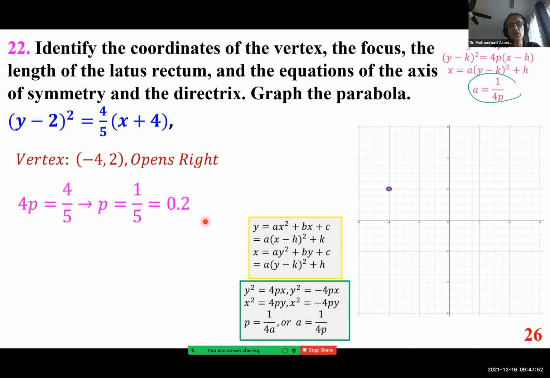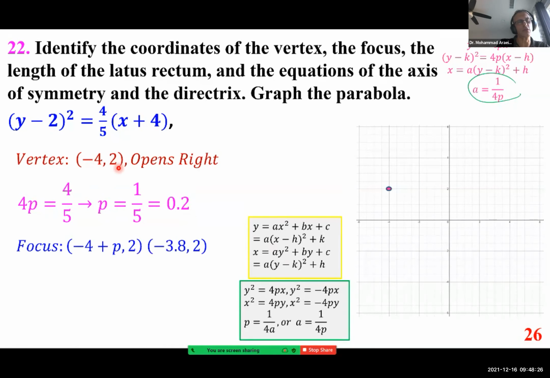Or as I mentioned, you can even write it in this format. If you feel more comfortable with this format, it's absolutely fine. So in essence, you're using this. So with that being the case, we have the value of p, and if we want to calculate the focus, remember, look at the vertex, and we're going to go to the right by this much.